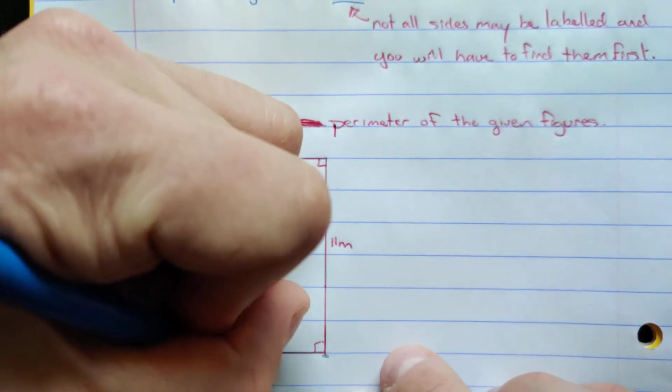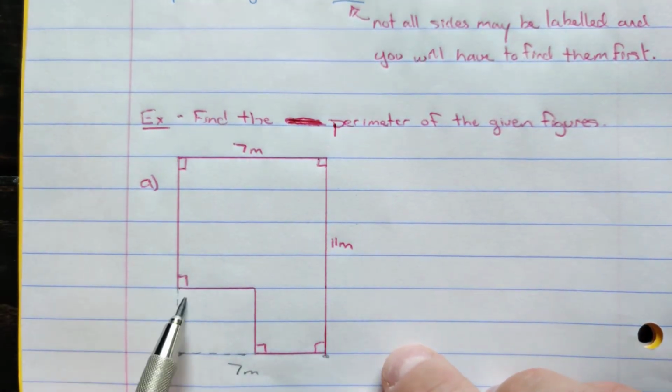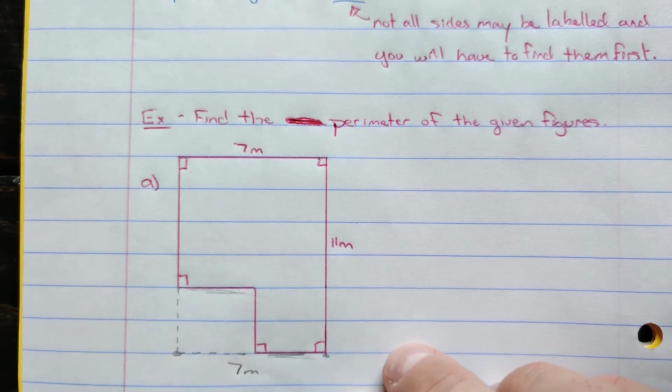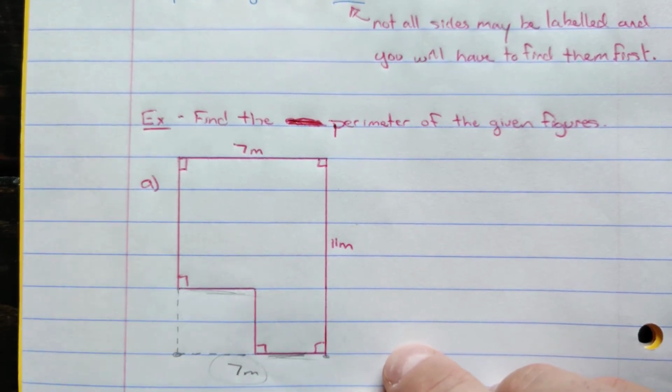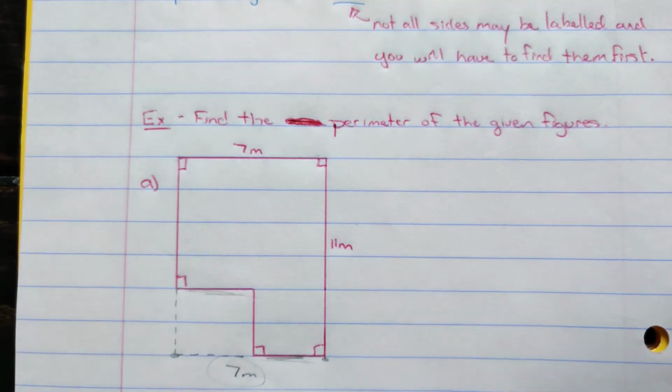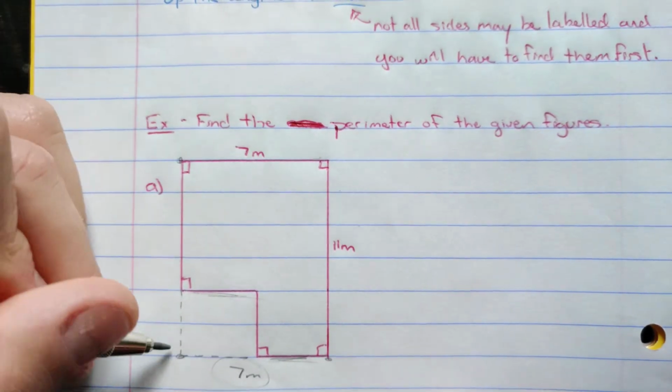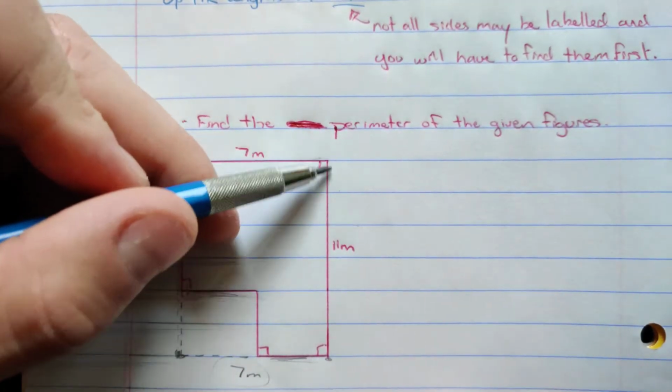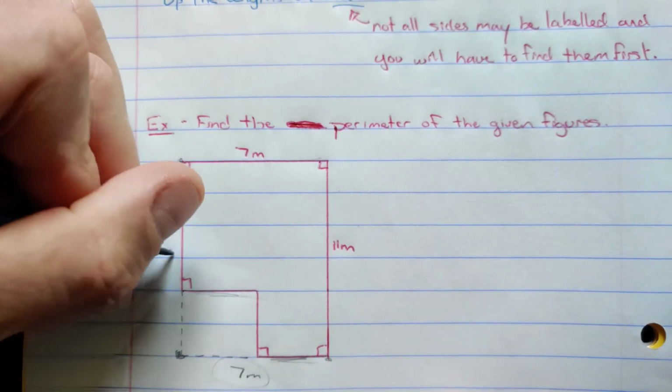So that would be 7. So this side and this side should total up to 7. And because this side is parallel to this side, because they're at right angles to each other, this total distance from here to here should be the same as this. So that's going to be 11.